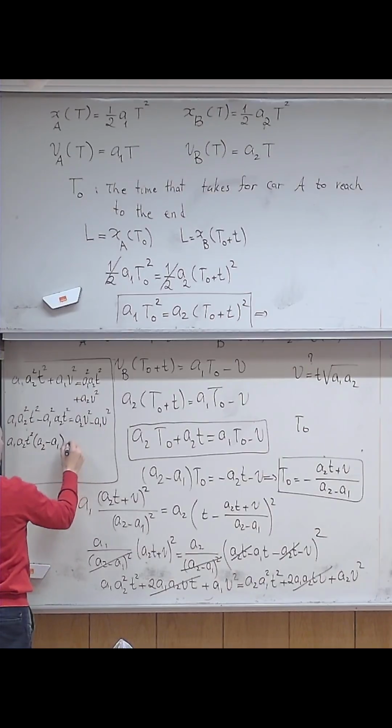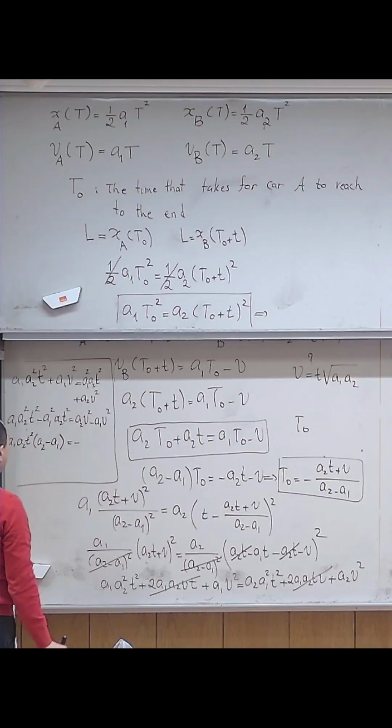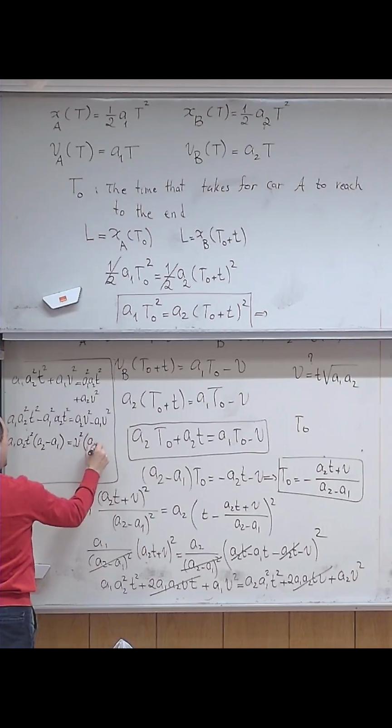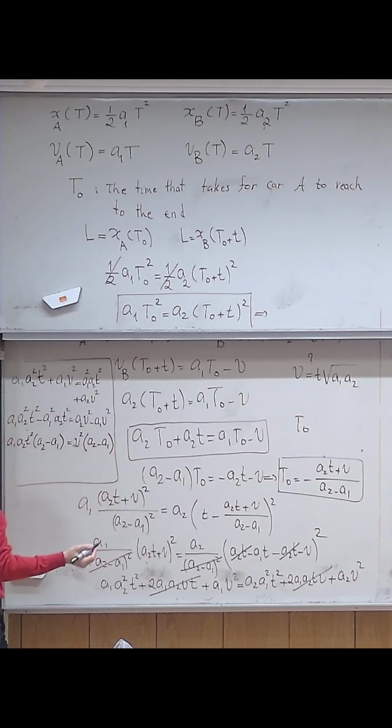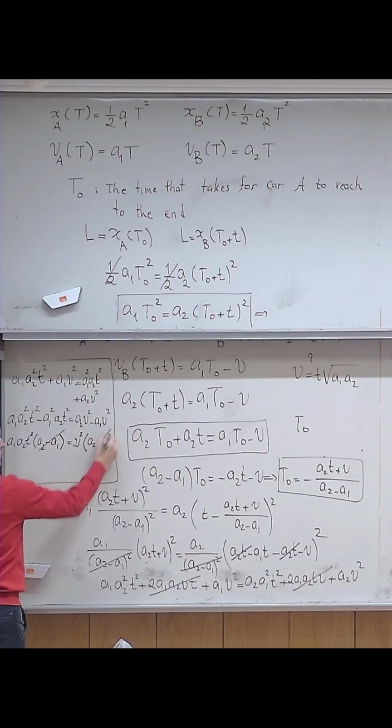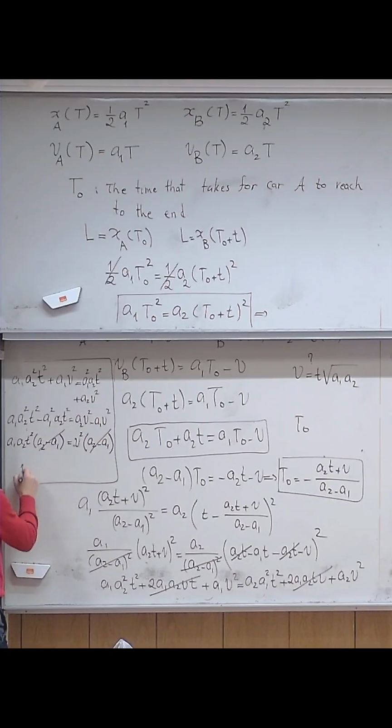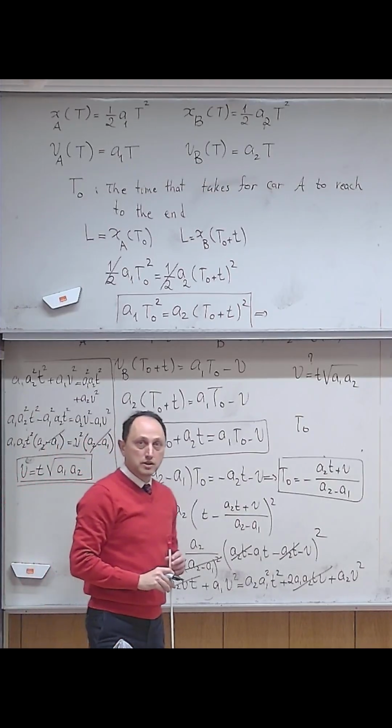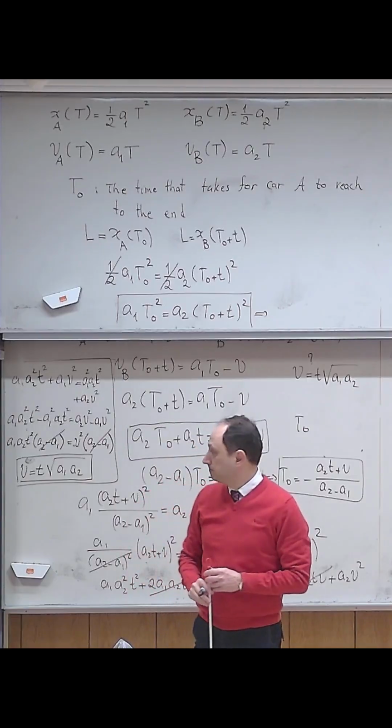And here, I factor V squared out. A2 minus A1 is left. Now, everything is done because A2 minus A1 and A2 minus A1 are gone. So V squared is equal to this expression. If I take the square root, V is equal to T times the square root of A1 A2, and that is exactly the expression that we were supposed to reach.